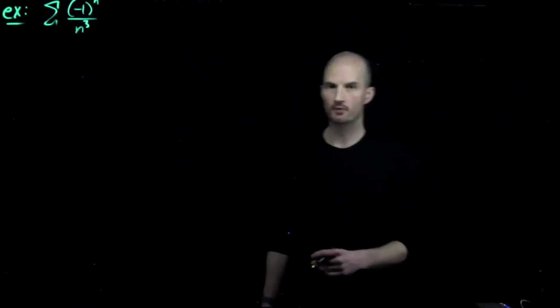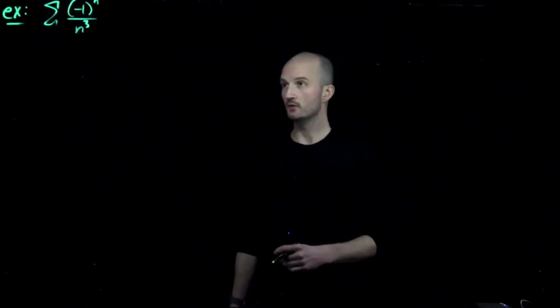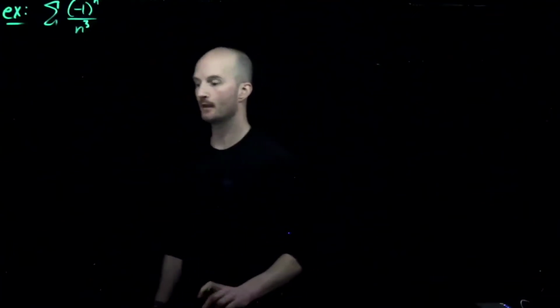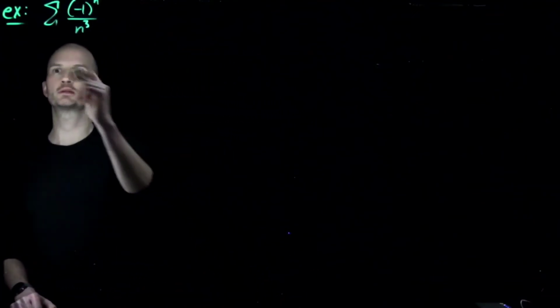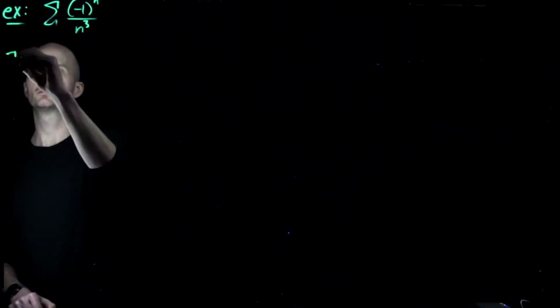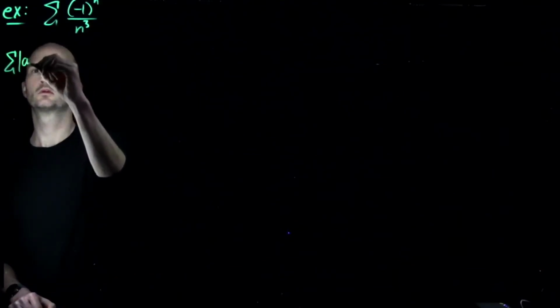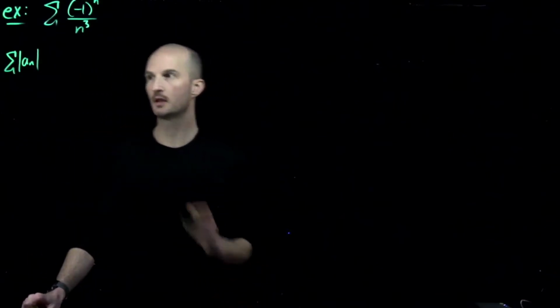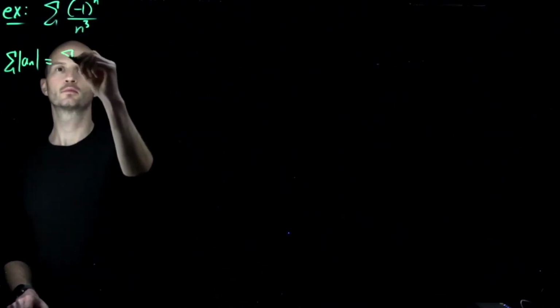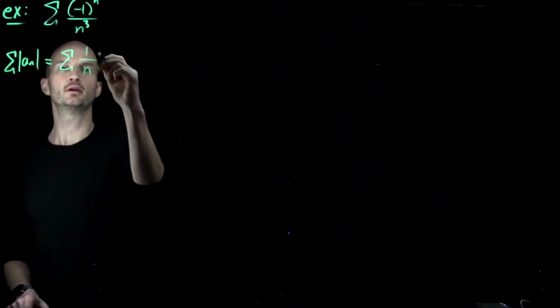Okay, let's give a quick proof that this is convergent. And I'll use the idea of absolute convergence. Okay, so let's see. If I look at the summation of absolute value, you get summation 1 over n cubed.